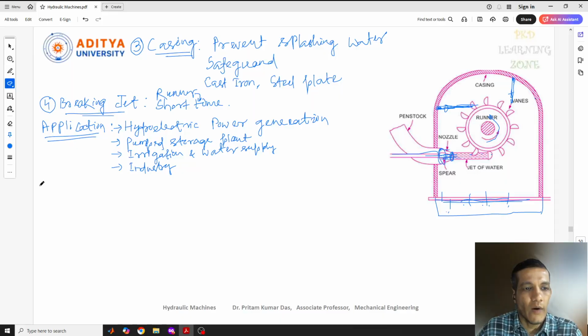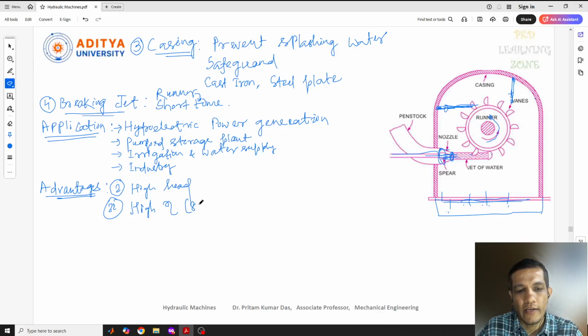Now we'll see the basic advantages, the benefits of the Pelton wheel. The first advantage is that it can work with a high head, as we have seen previously. It also has higher efficiency, near about 80 to 90%.